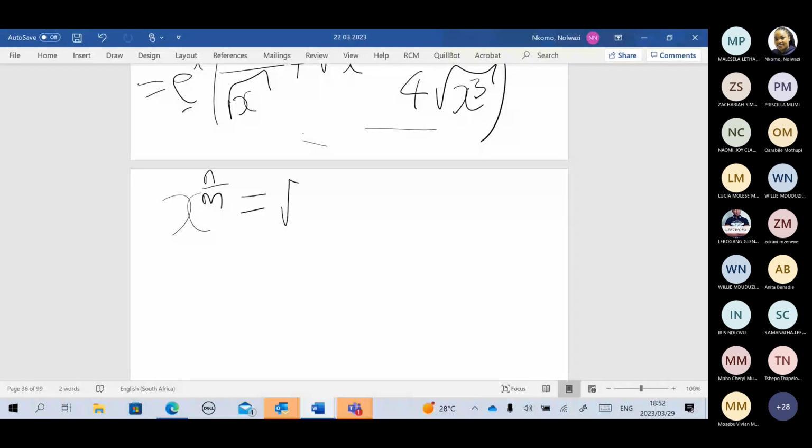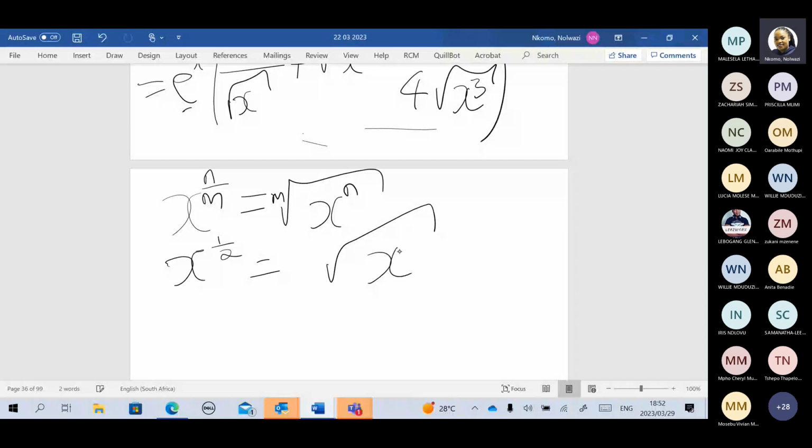So here, 1/2 is the same thing as the square root of x to the power 1, because now our n is 1 using this rule, and our m is 2.